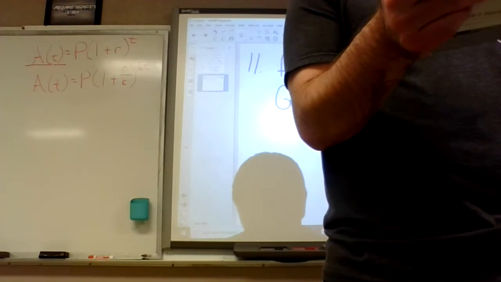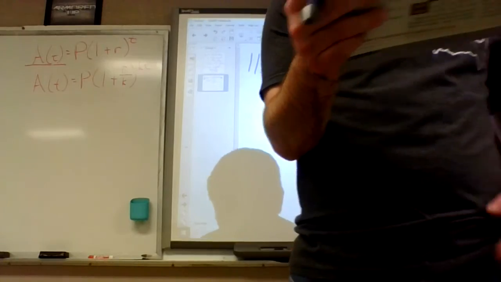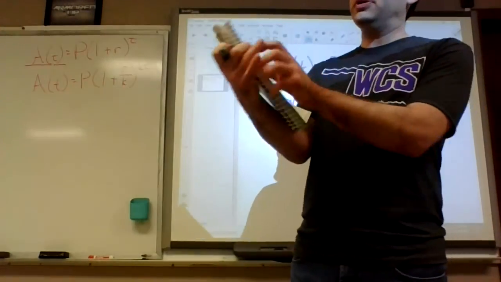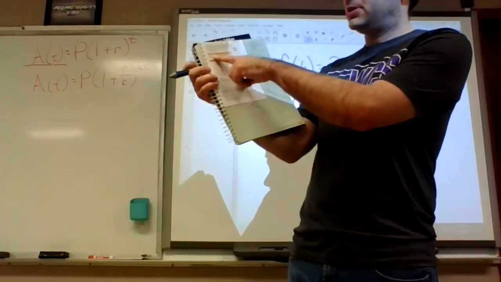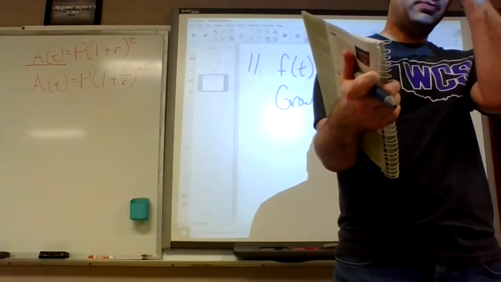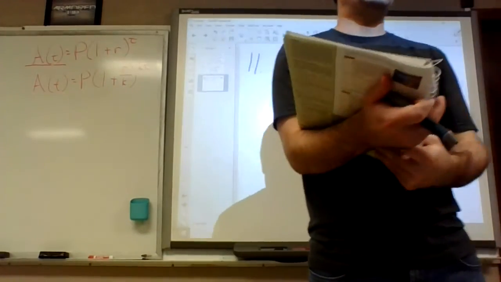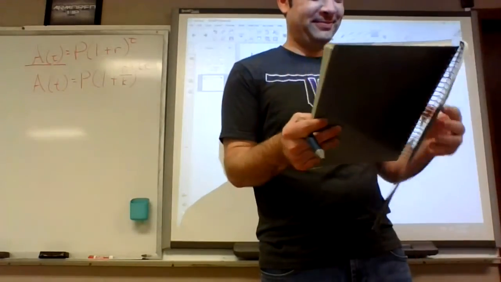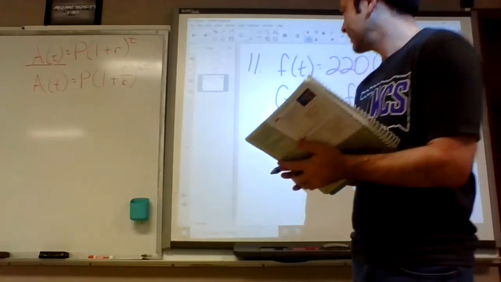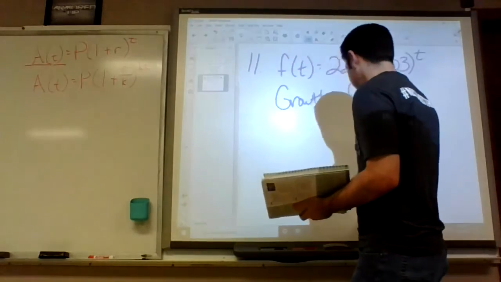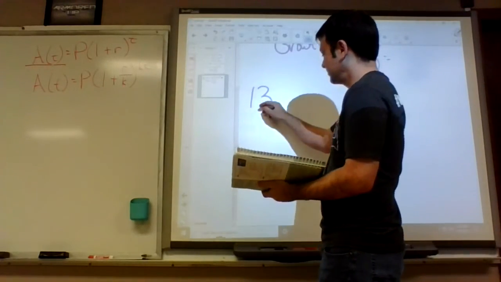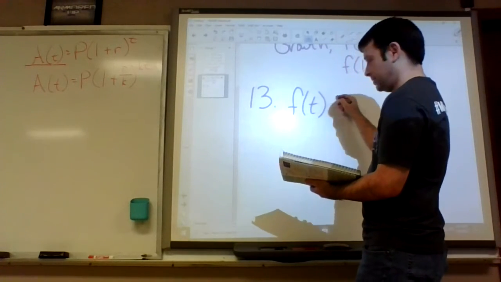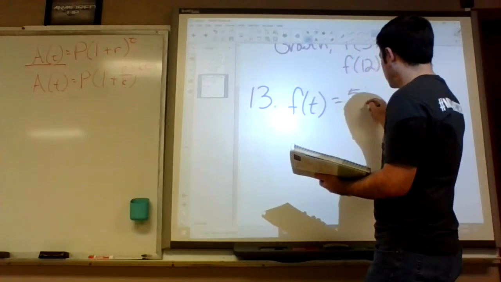The amount of 50 grams, okay, 50 is our initial. So I'm using the formula you see up towards the top of the page. So F of T equals 50.